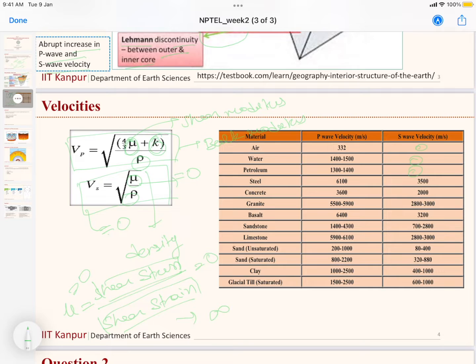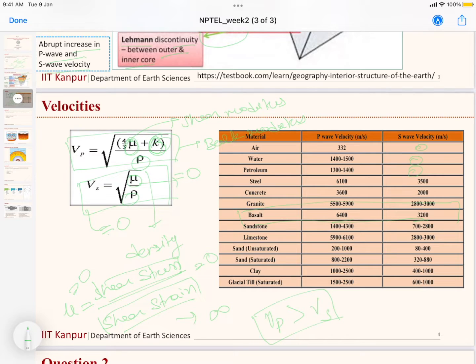And if you compare the velocities for the same material, for basalt the P wave velocity is almost 6400 meters per second and the S wave is 3200. So always remember that the velocity of the P wave is always greater than the velocity of the S wave. And why is it so? Because of this extra bulk modulus factor that gets added into the P wave velocity.